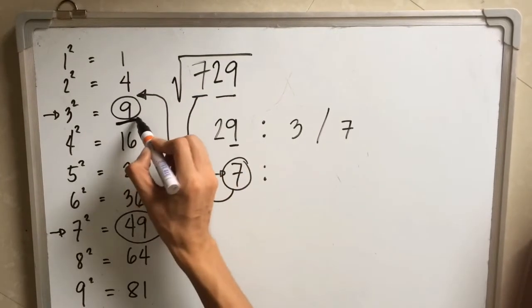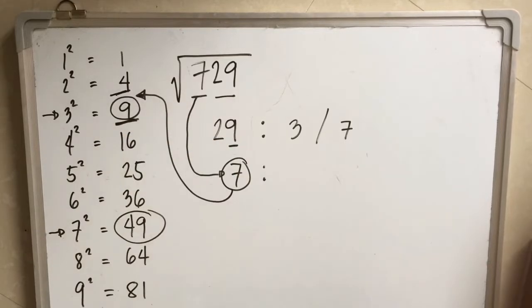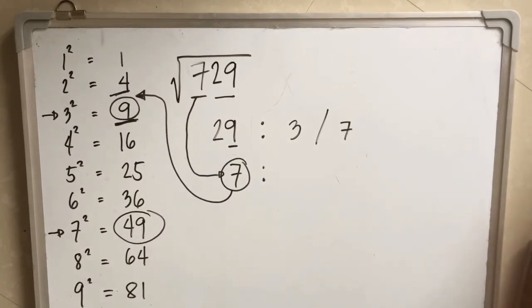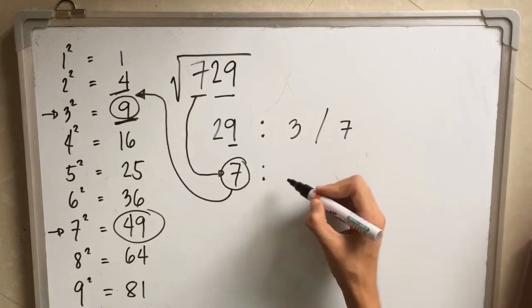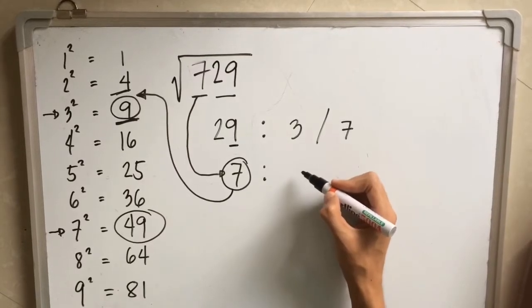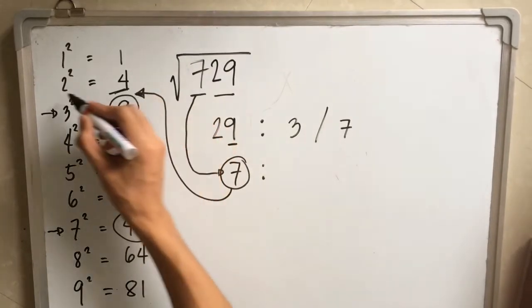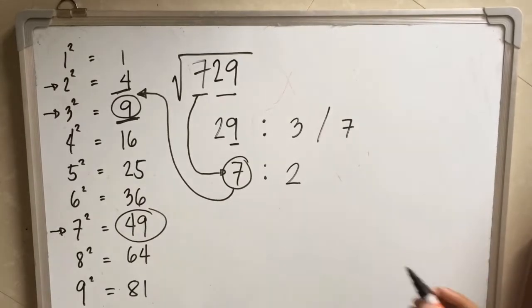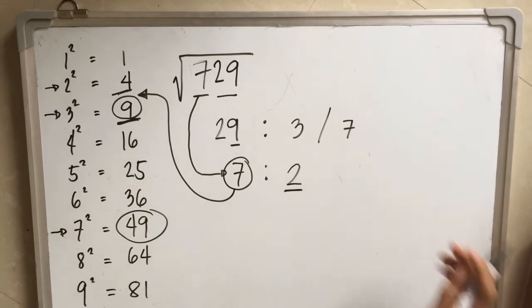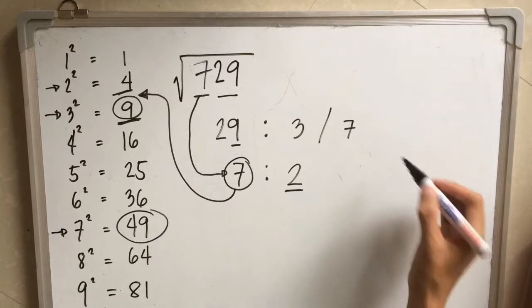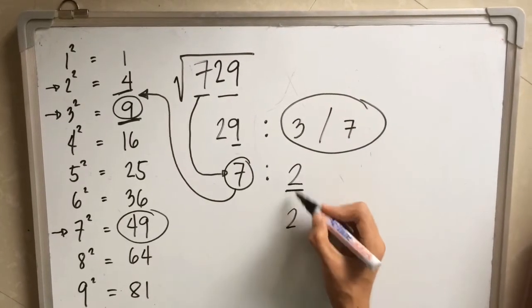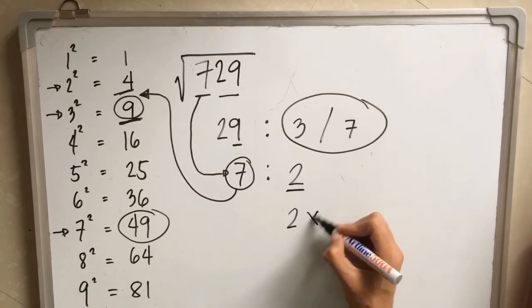If we are going to take 9, it's way beyond 7. So basically, we are going to pick 2 because the square of 2 is 4. It's pretty close. So this time we are going to decide whether it's 3 or 7.